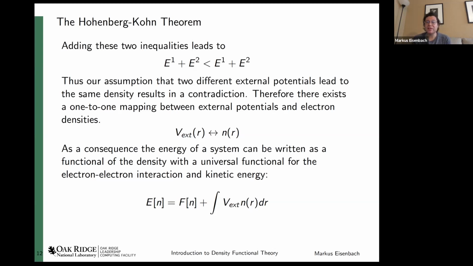As a consequence, basically any observable can be written as a functional of the density, where we have a universal functional Fn, which contains the kinetic and the electron interaction energy, and a material specific term that comes from the external potential.